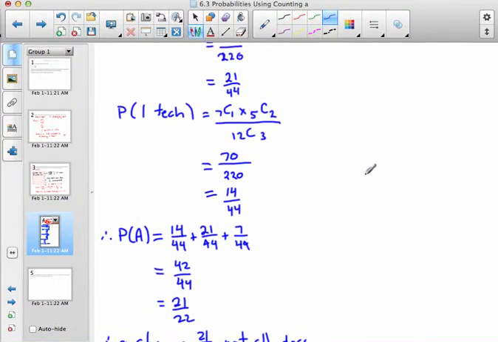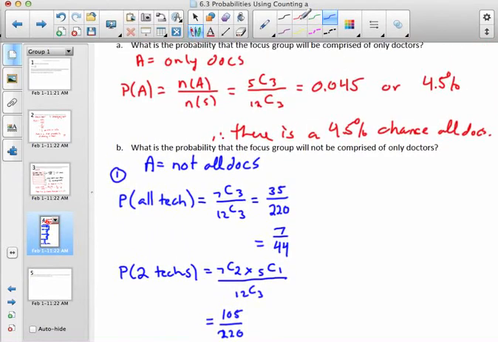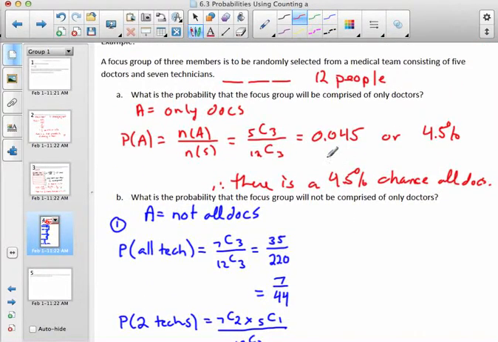Okay, that's one way. The other way is to redefine the event A, or not necessarily redefine it. Using the event A, let's define A prime, which is, if A is not all doctors, then A prime is going to be all doctors. So we know that the probability of A is equal to 100% probability minus the probability of A prime. This is the complement idea.